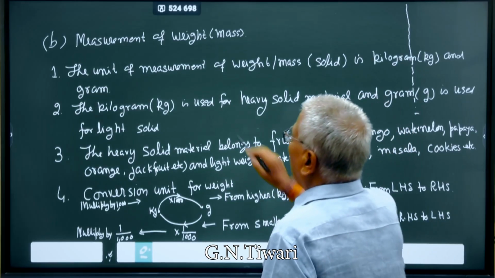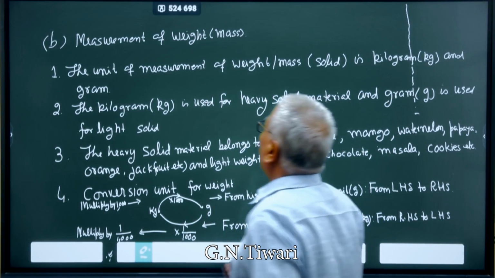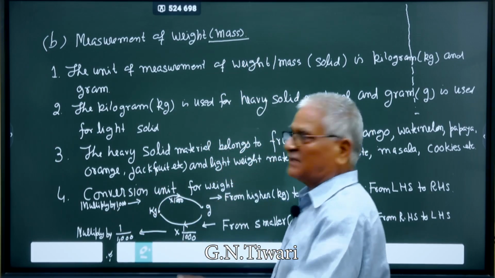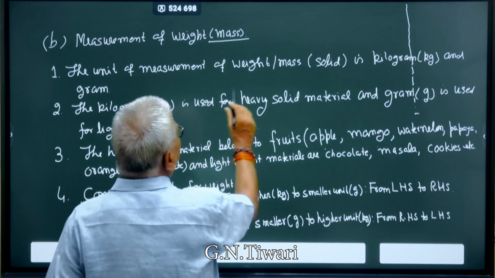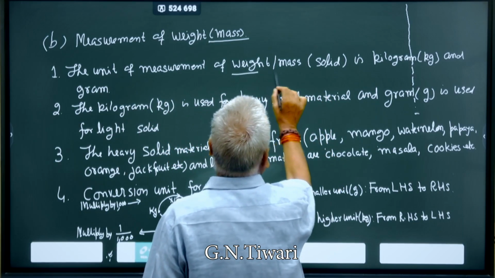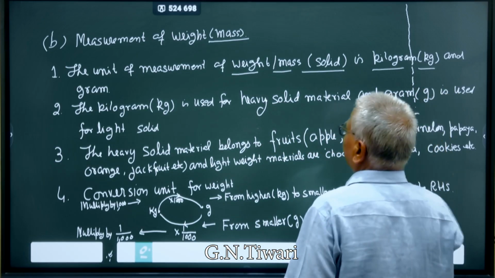Now, just say B, measurement of the weight. Here, weight is also generally, in common sense, in the common market, usually mass. The unit of measurement of the weight, mass, it is solid in shape, and that is the kilogram, kg.